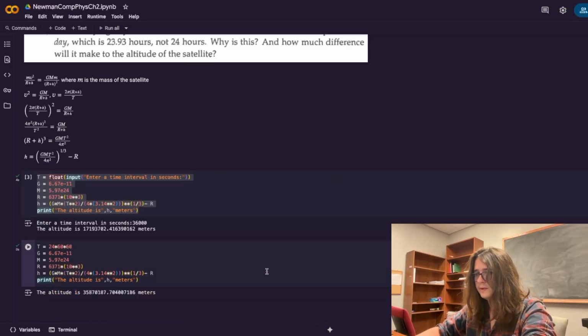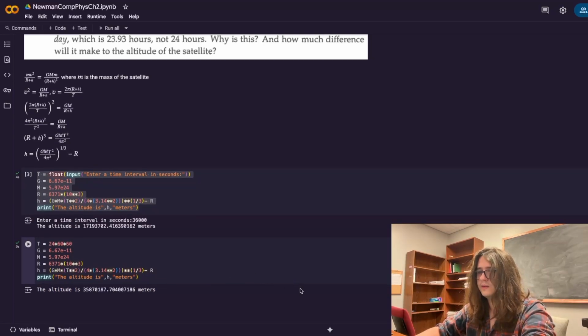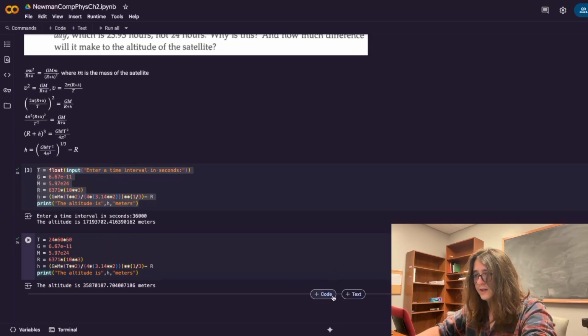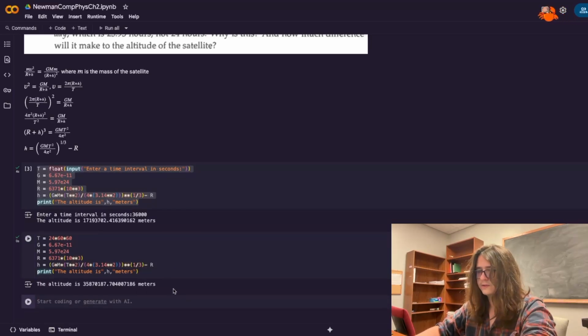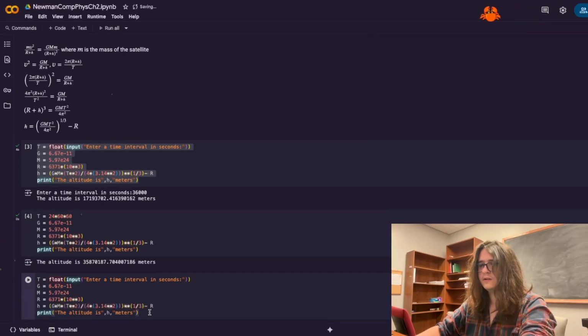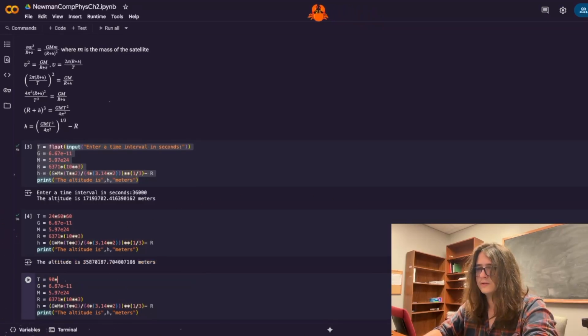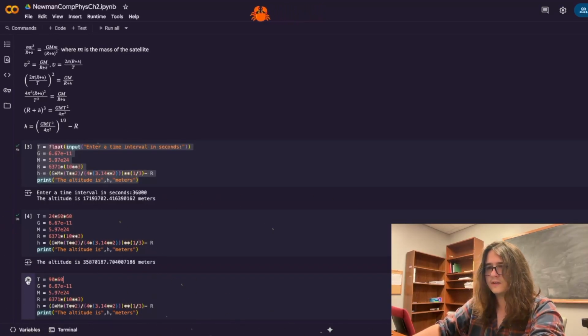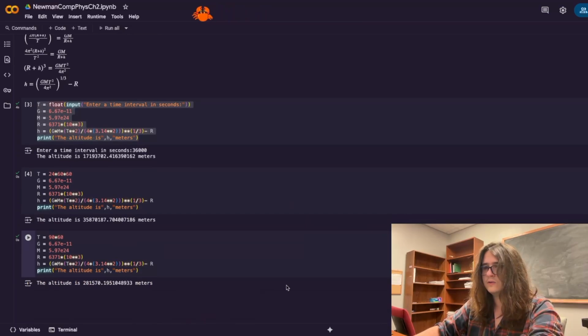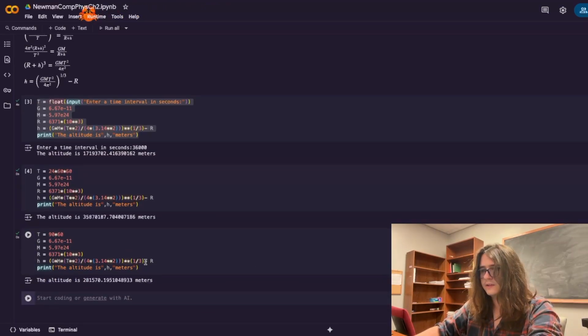So, bam, that would be the altitude. It wants us to do 90 minutes as well, so we'll do another code cell where we just switch this for 90 minutes times 60 seconds. It spits out that altitude, and then we're going to try one more of these.